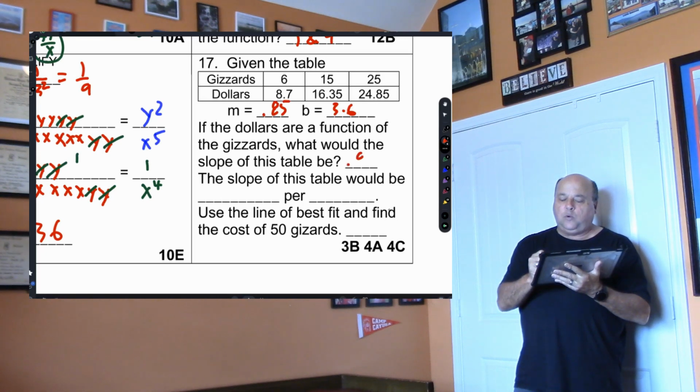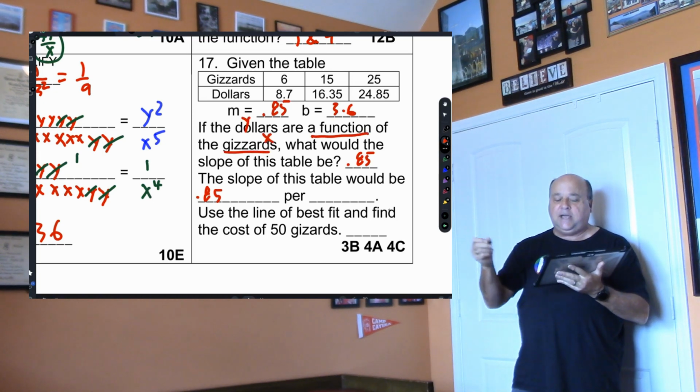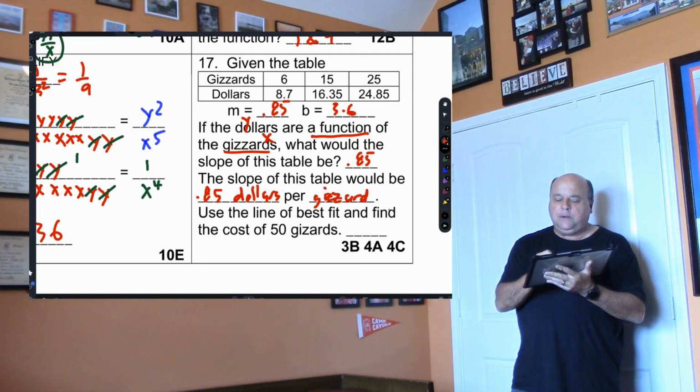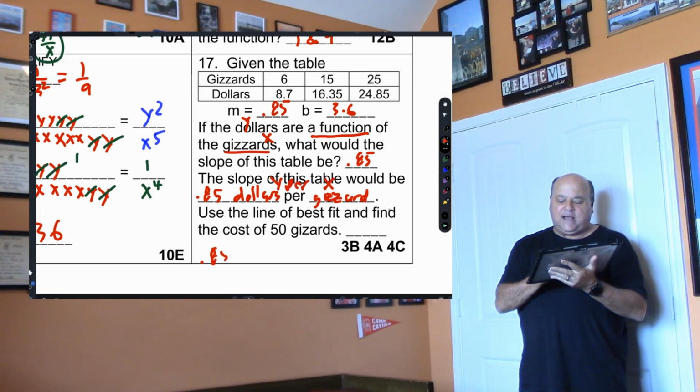Okay, the slope is 0.85. And remember, it's a function: the dollars is a function of the gizzards, y is a function of x. So my slope is $0.85 per gizzard. So just remember, it's y per x, okay? And then the cost of 50 gizzards, 0.85x plus 3.6.